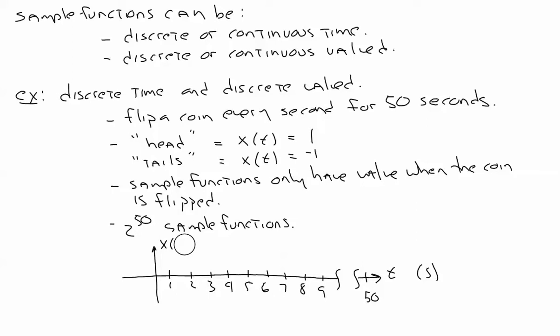And let's put in a designator here. That's trial alpha. And let's say we get a +1 and another +1 and a bunch of tails, and then we get a head and then a tail and then a head, all the way out to 50, and we get a head. All right, so that would be one possible sample function out of 2 raised to the 50th power. That would be a discrete time, discrete valued random process.